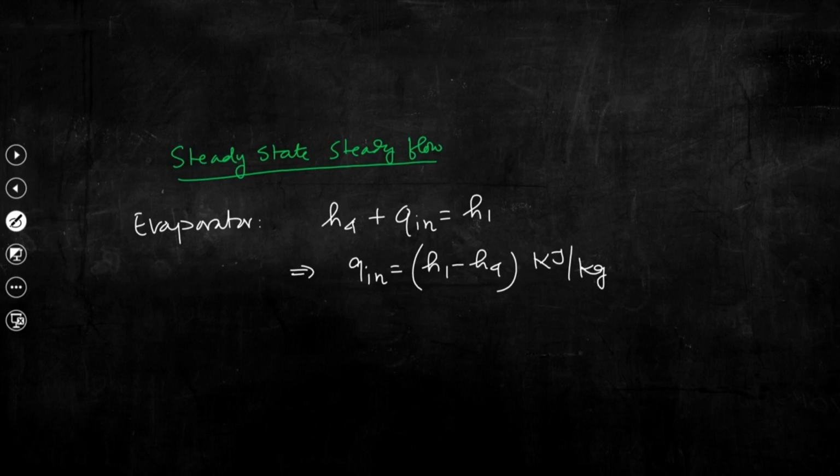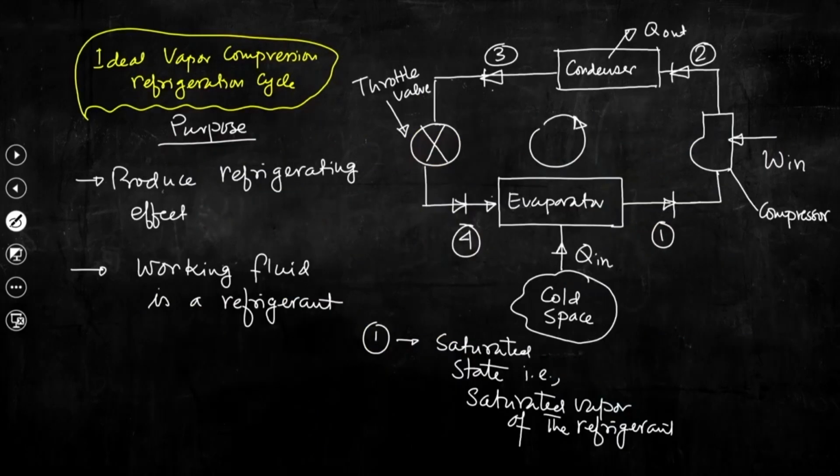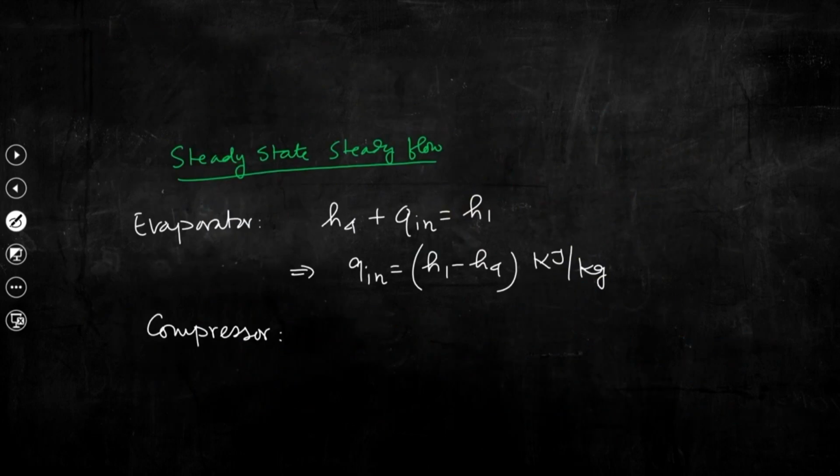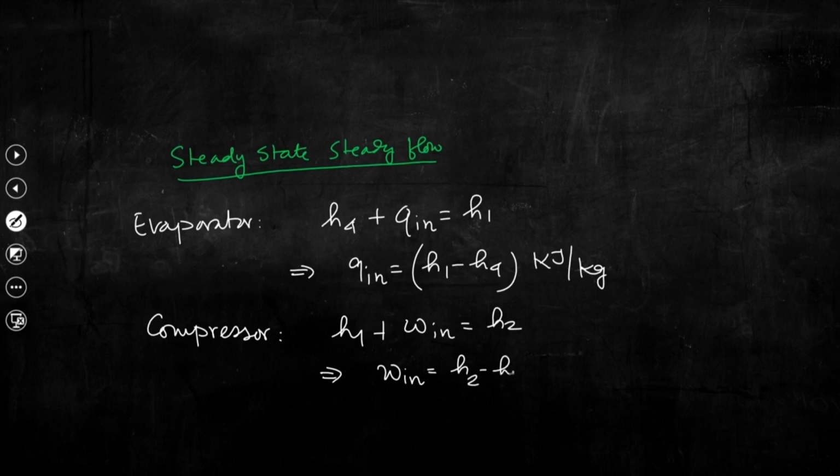So, if we apply the steady state steady flow equation across the compressor, going back to this schematic depiction, we can write H1 plus W in equal to H2, that is, W in equal to H2 minus H1.